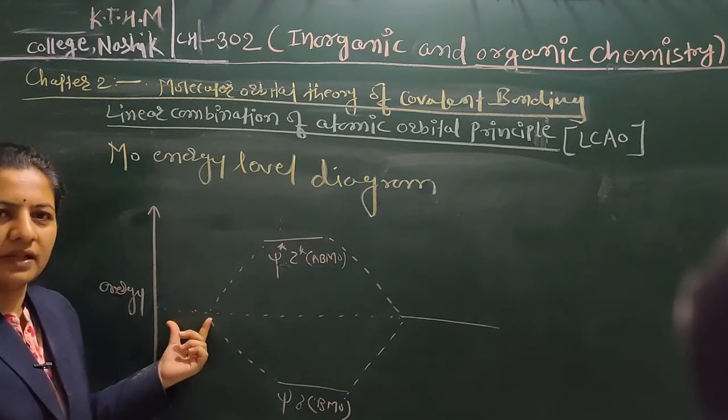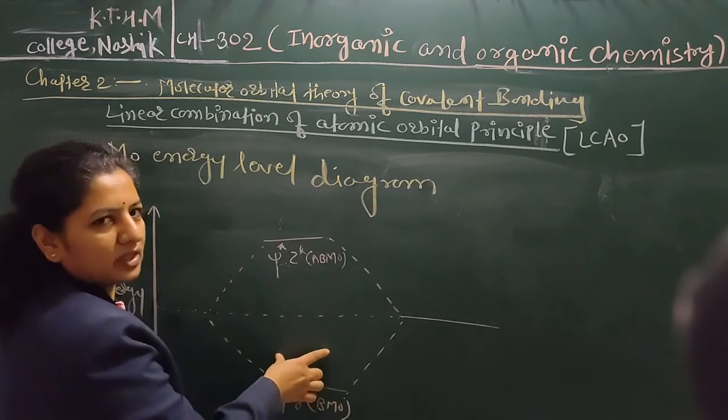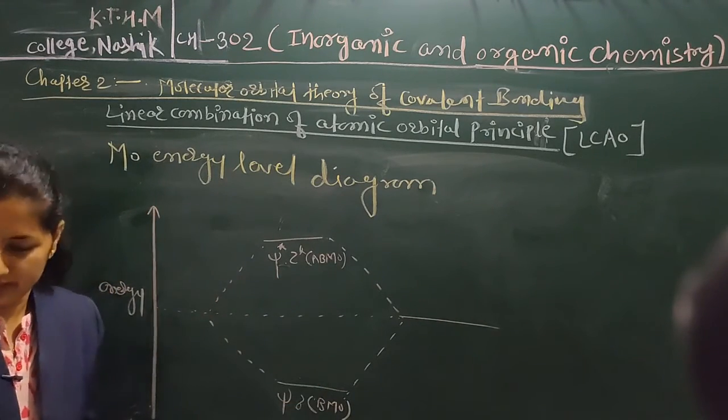In the molecular energy level diagram, the atomic orbitals are shown at the sides, whereas the molecular orbitals are shown in the middle or center.